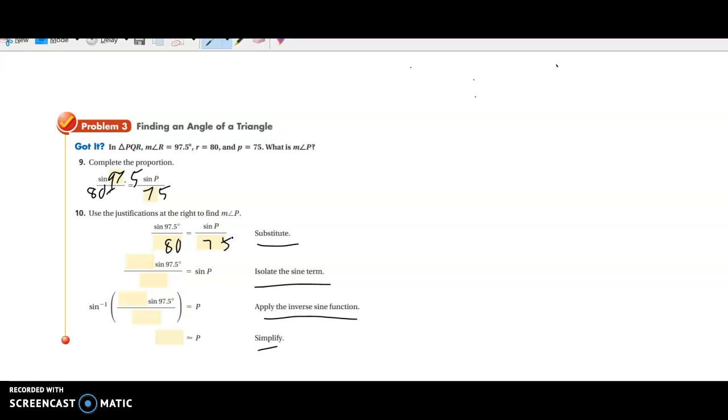Now the next step in solving for the measure of angle P would be to isolate the sine term, which is this. And I'll be drawing that right over here. So in order to isolate the sine term, we could multiply the denominator, which is 75, on both sides of the equation.